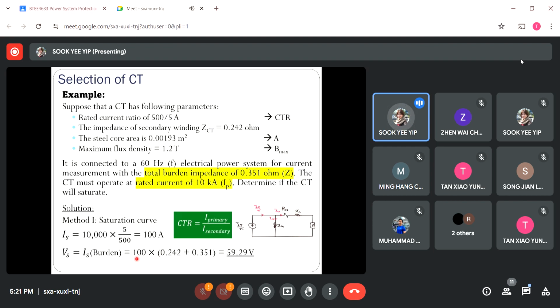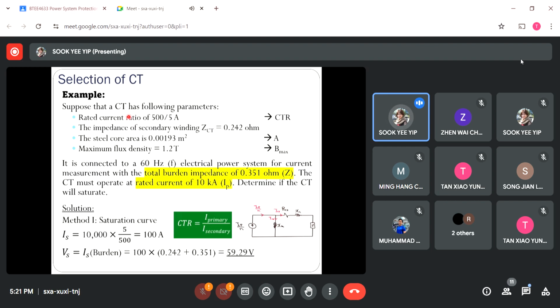So after you multiply by 100, in this situation with 10 kiloamps to be measured by this current transformer, it will induce a voltage at the secondary side of 59.29 volts.